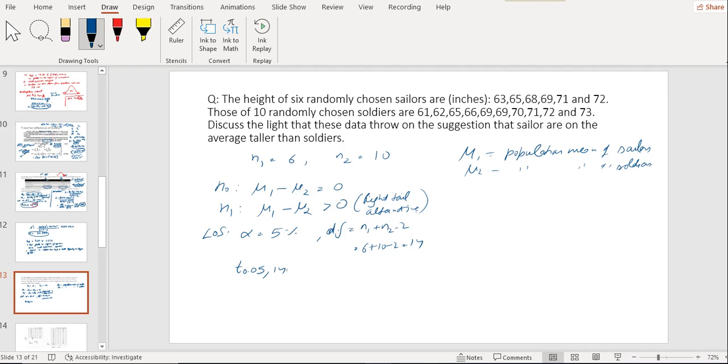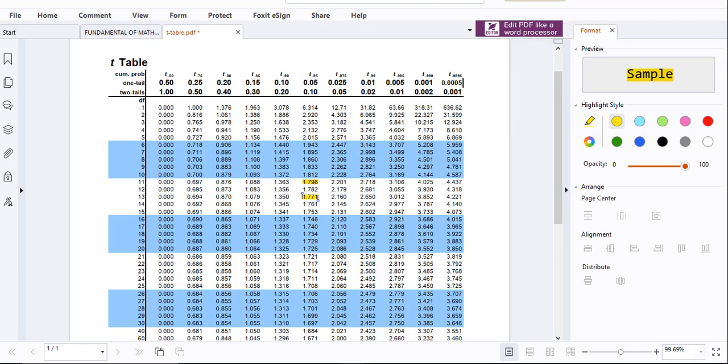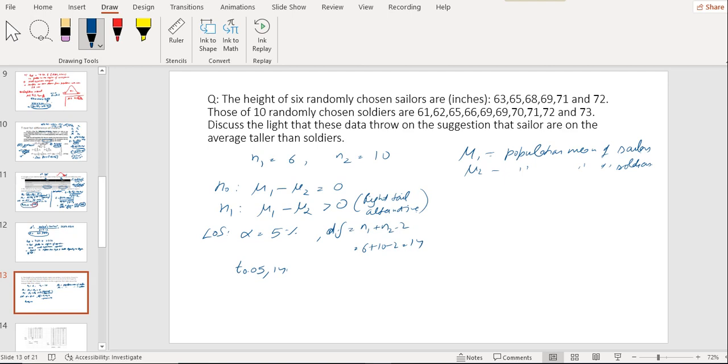So if we refer to the t table for 14 degrees of freedom and 5% level of significance, its value is 1.761. This is the tabulated value of t. So now the next step is we need to calculate the test statistic.